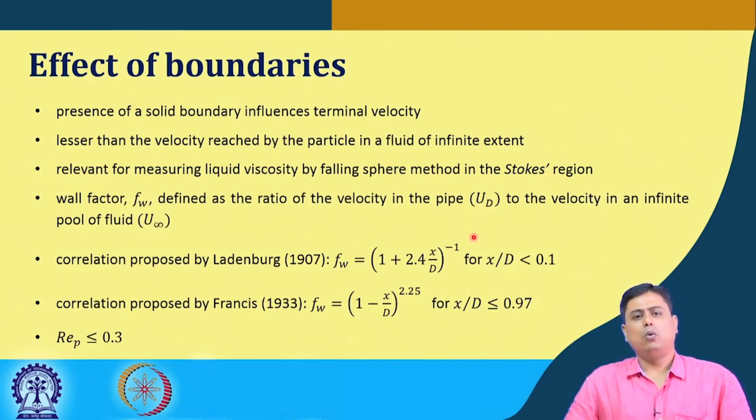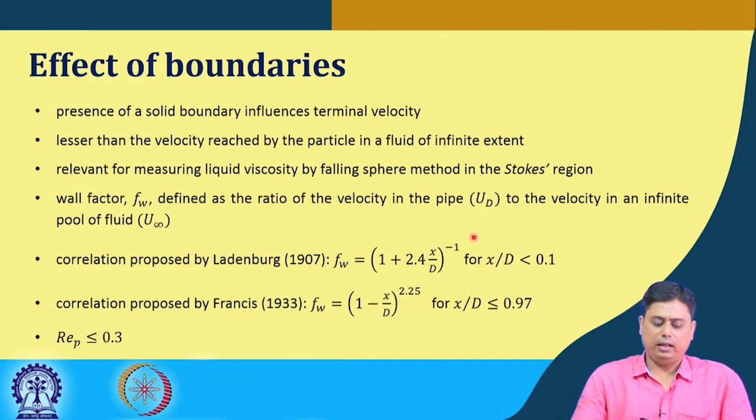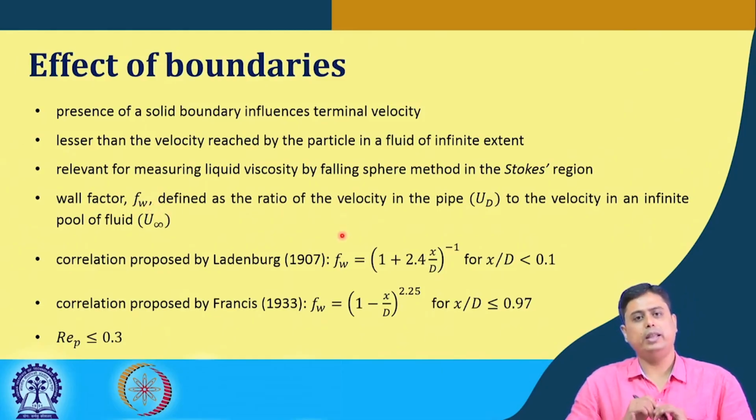Okay, now when this solid boundary presence becomes important, as I said, is when the size of the solid particle and the size of the fluid container become comparable. The factor that has been introduced by the researchers is called the wall factor. It is defined as the ratio of the velocity in the pipe where you are doing the experiment to the velocity in its ideal condition, that ideal terminal velocity where there was an infinite pool of liquid.